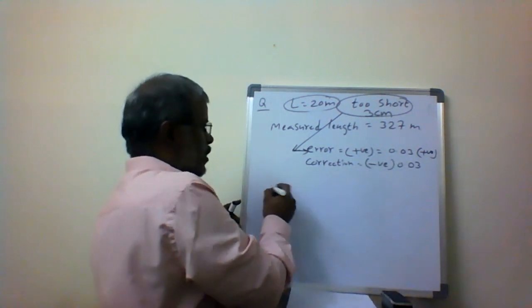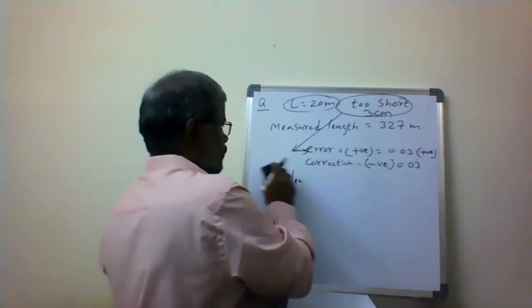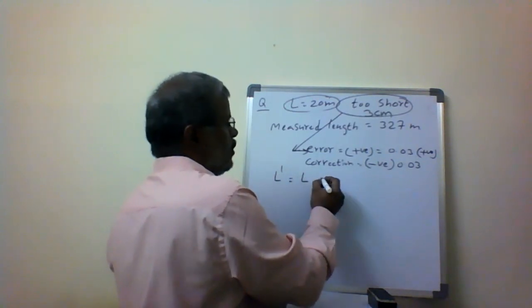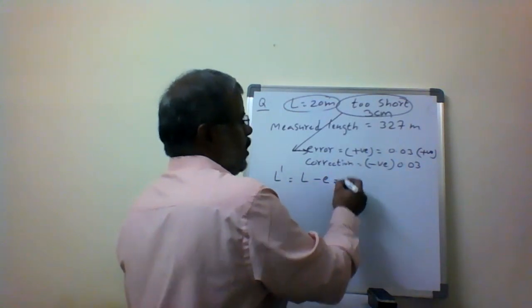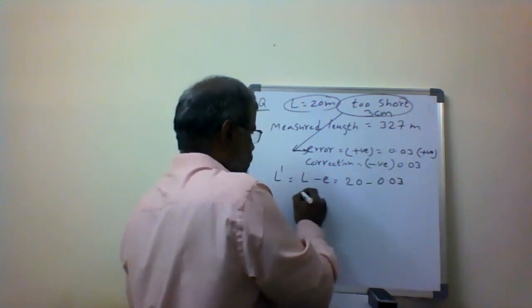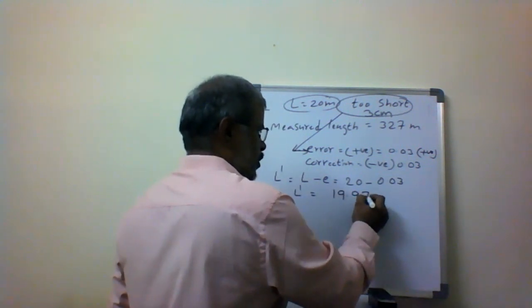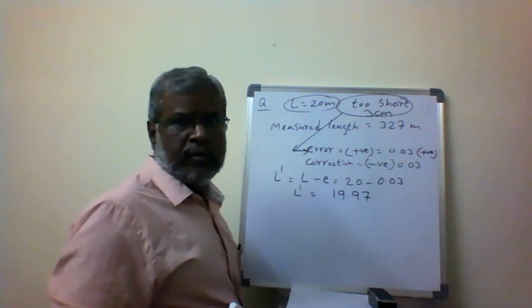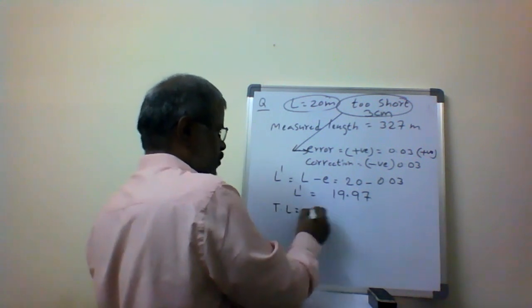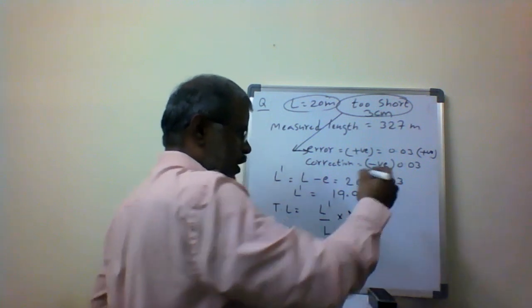So then I have to calculate the true length. First L dash equals L minus E. L is 20 meters minus E, 0.03, so my L dash equals 19.97. Then true length equals L dash by L into measured length.